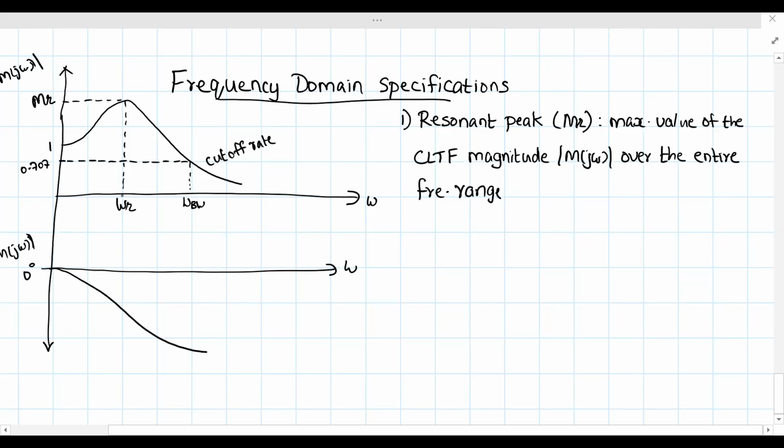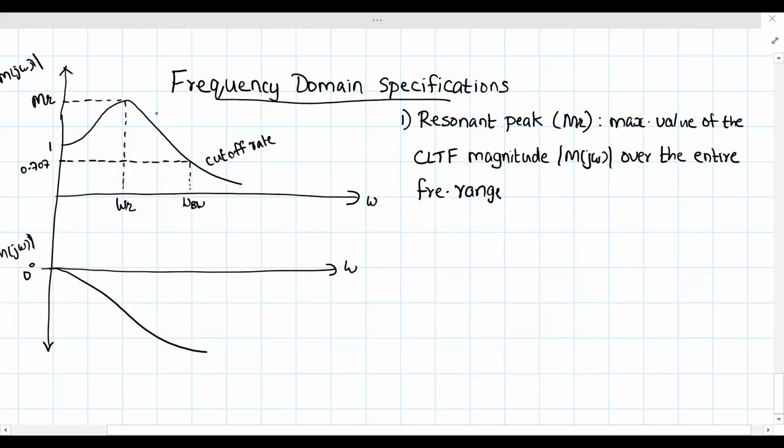It's obvious, right? You have done what is resonance in a series RLC circuit. What happens? Current becomes the maximum at that particular point. So correspondingly, we have what is called resonant peak. So resonant peak is nothing but the maximum value of the closed loop transfer function magnitude.